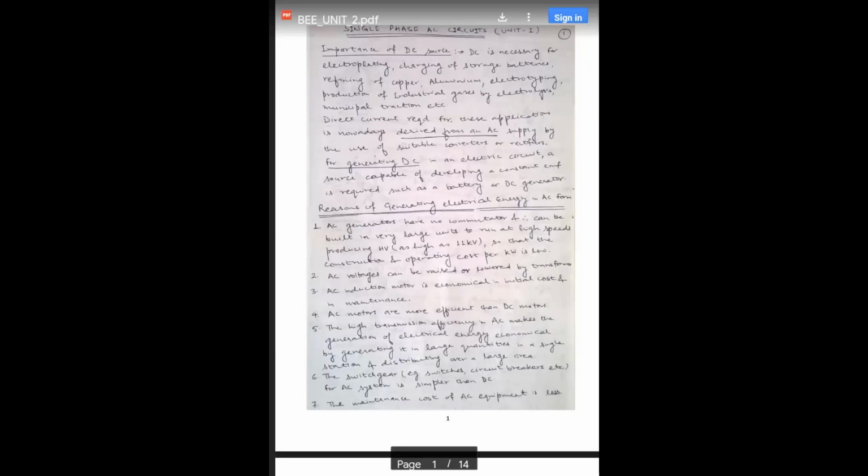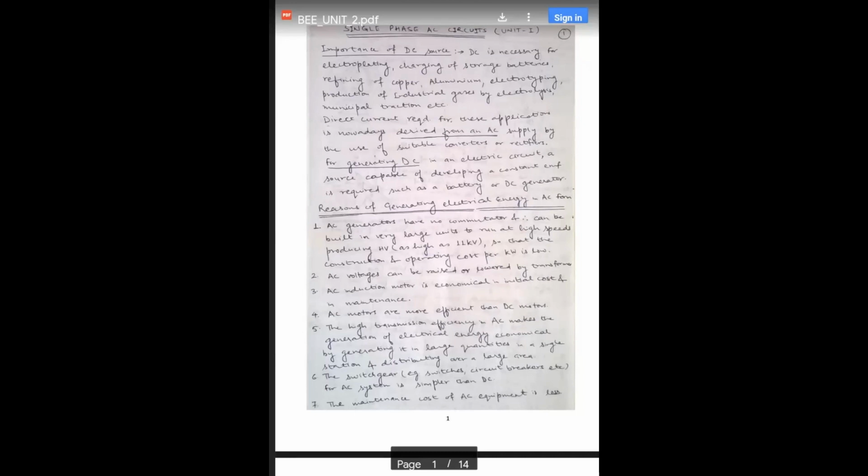As we are moving towards single phase AC circuits, we know that DC circuits and DC sources are also very important, and their importance cannot be neglected.